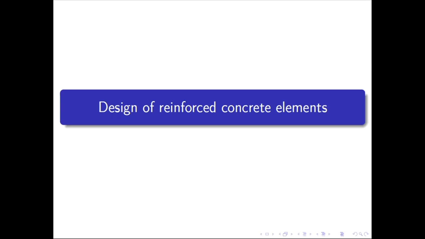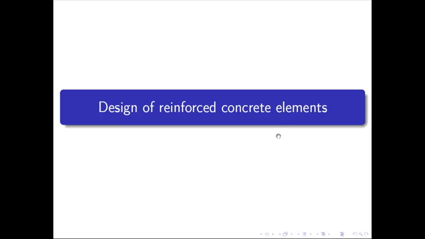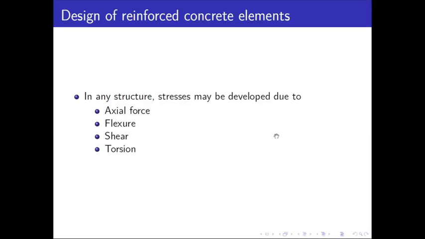We are following the code of IS 456. As you all know, we have axial force, flexure, shear and torsion. So any member can have either one of them or all of them.